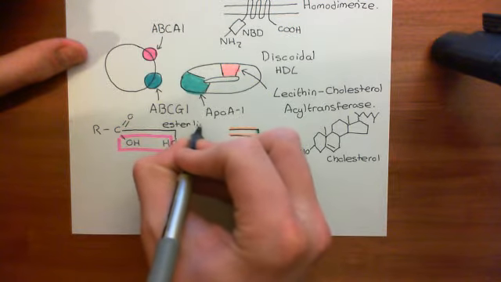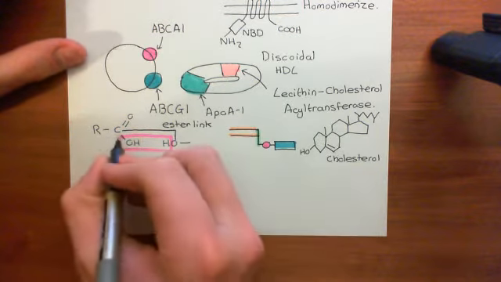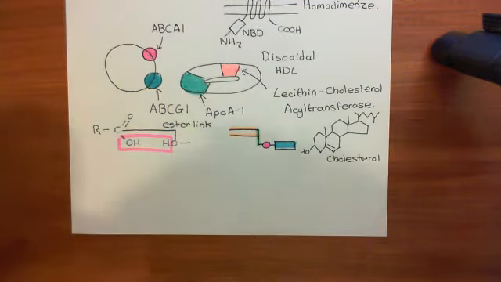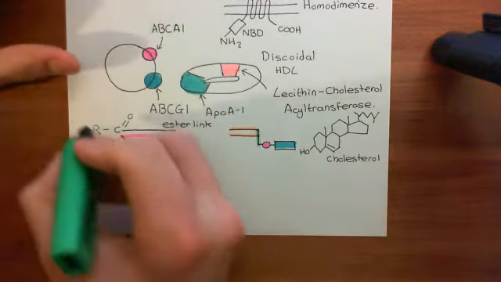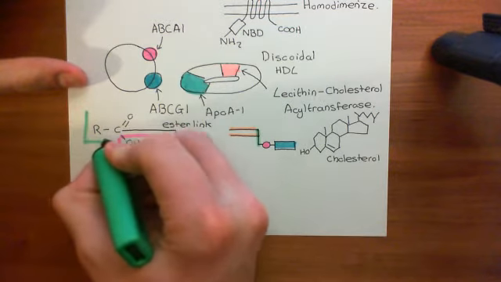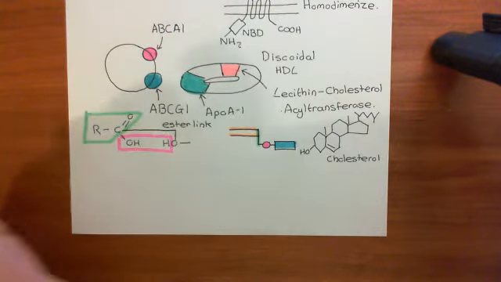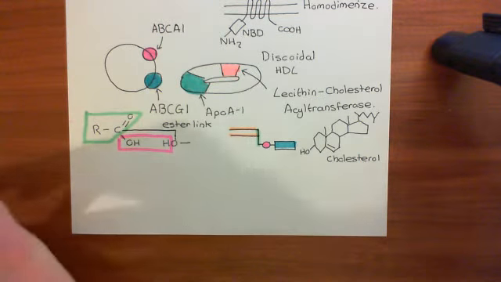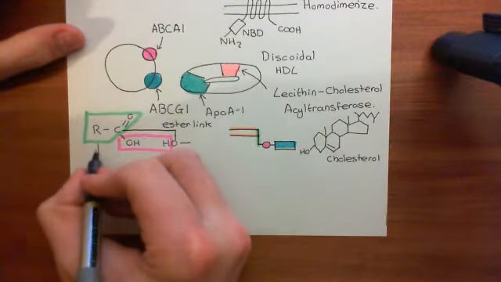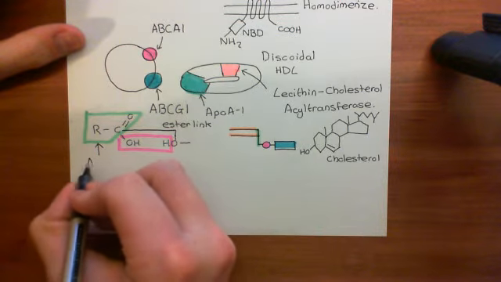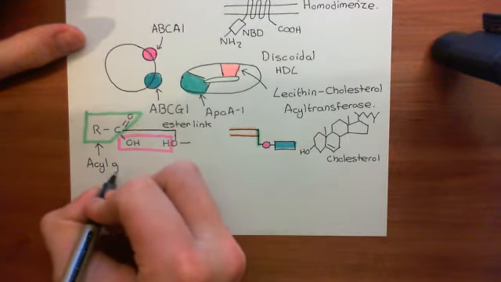So we don't actually attach the full carboxylic acid molecule onto the alcohol. Instead, we attach this portion that I'm now circling in green, and this group is called the acyl group.